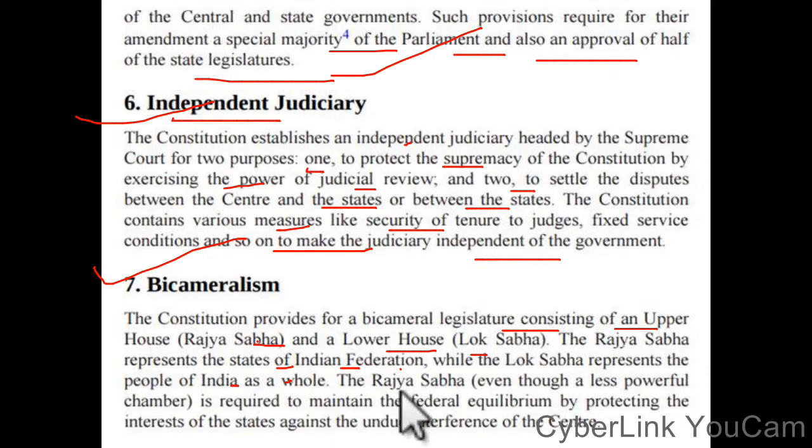The Rajya Sabha, even though a less powerful chamber, is required to maintain the federal equilibrium by protecting the interest of the states against the undue interference of the center.